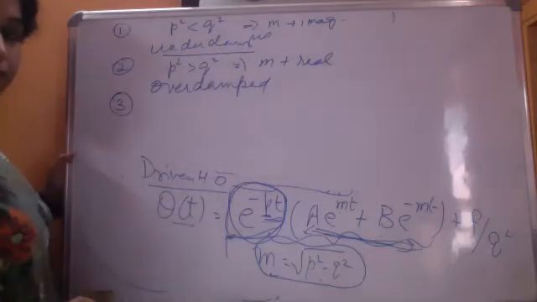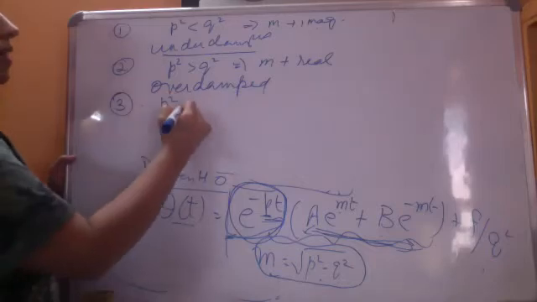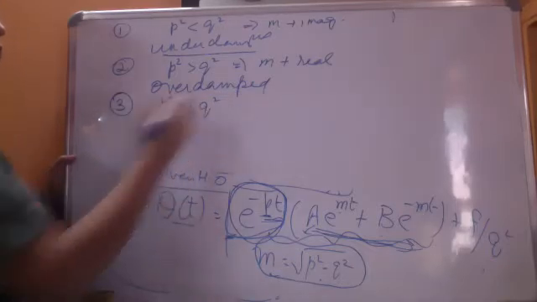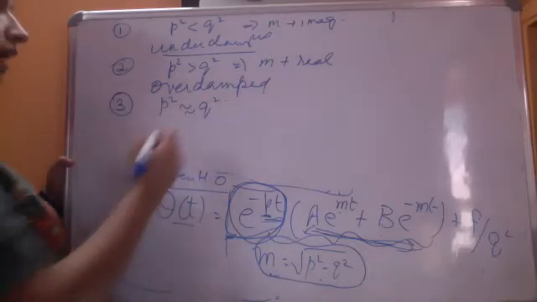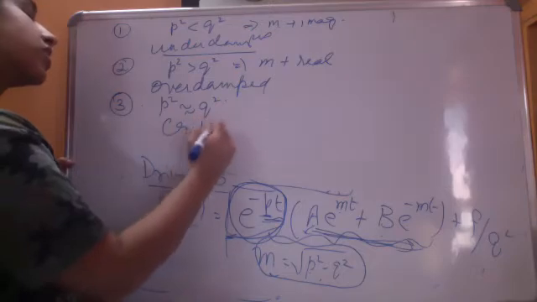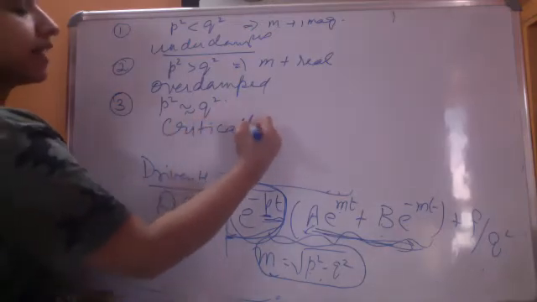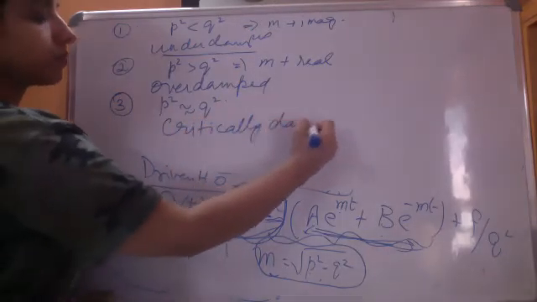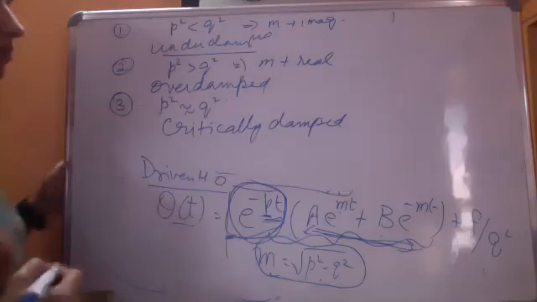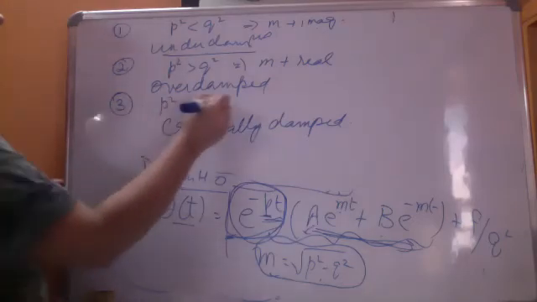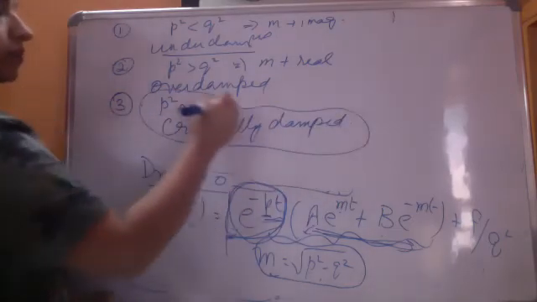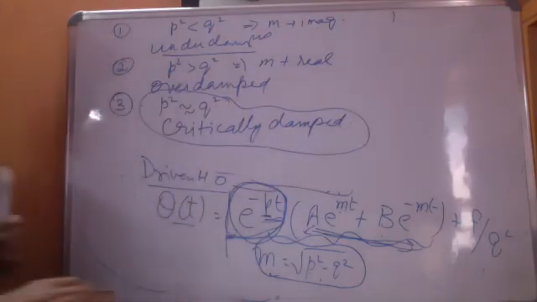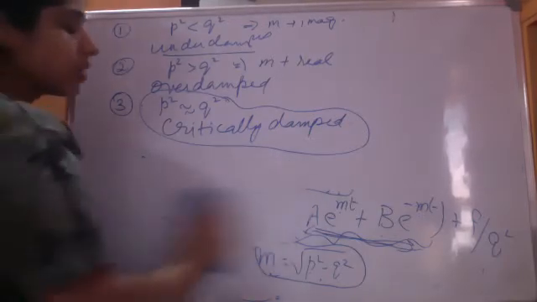The third case is when P square becomes comparable to Q square. Then this condition is what is known as critically damped. We are actually interested in this. So let's for some time look at this condition.